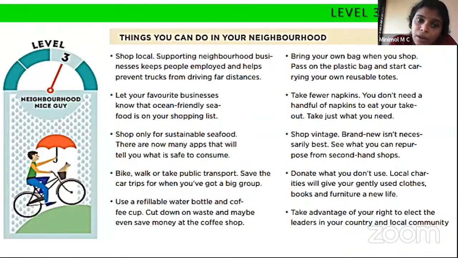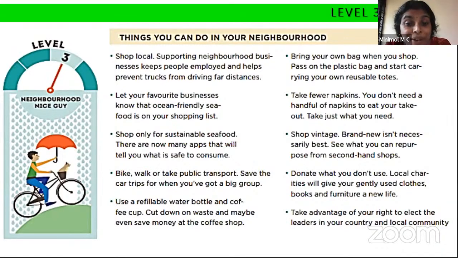Use a bike or walk or take public transport and save the car trips for when you have got a big group. Why do you want, if you are alone, why do you want a luxury car to travel? You can think of a bike, you can think of walking a short distance, you can even take public transport for that.